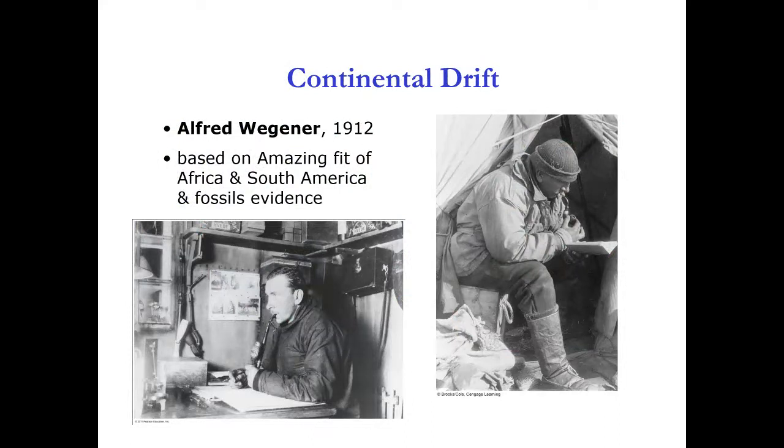Alfred Wegener, 1912, is who we call the scientist that discovered and coined the term continental drift. The term continental drift is literally a play on the name. Continental, meaning continental crust, moving or drifting. Now, he didn't know at the time the difference between continental crust and oceanic crust.